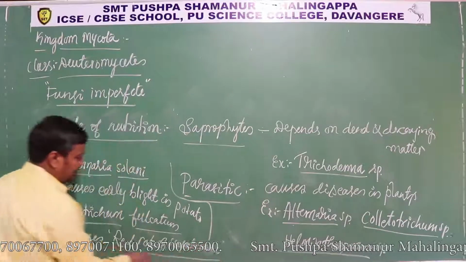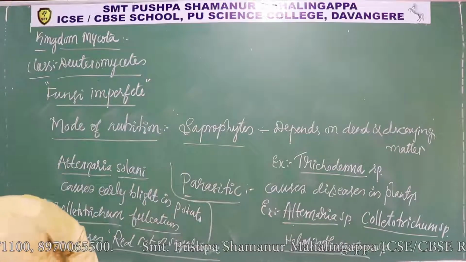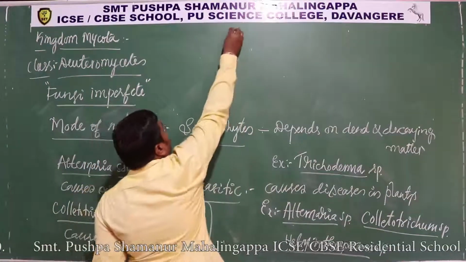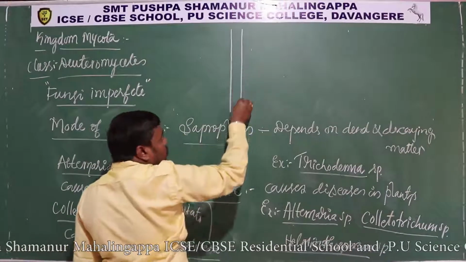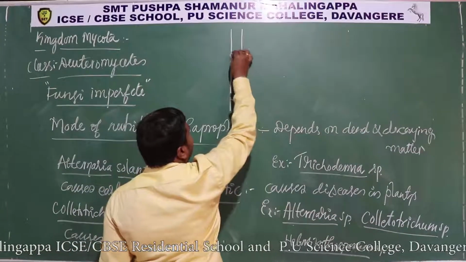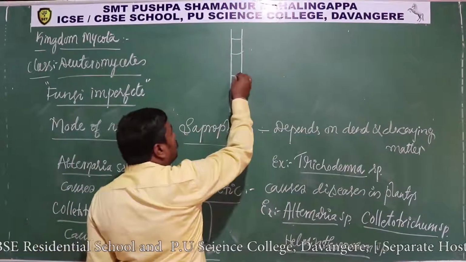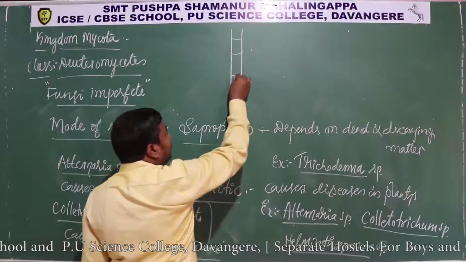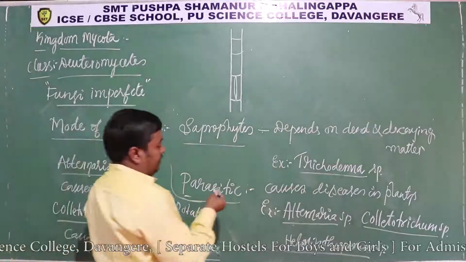sugarcane. It causes the red rot disease there. Okay, so what does this red rot disease causing fungus look like? Red rot, you might know that in sugarcane nodes and internodes were there. Okay, sometimes in some internodes you can find some splitting of the sugarcane where it appears red in color.